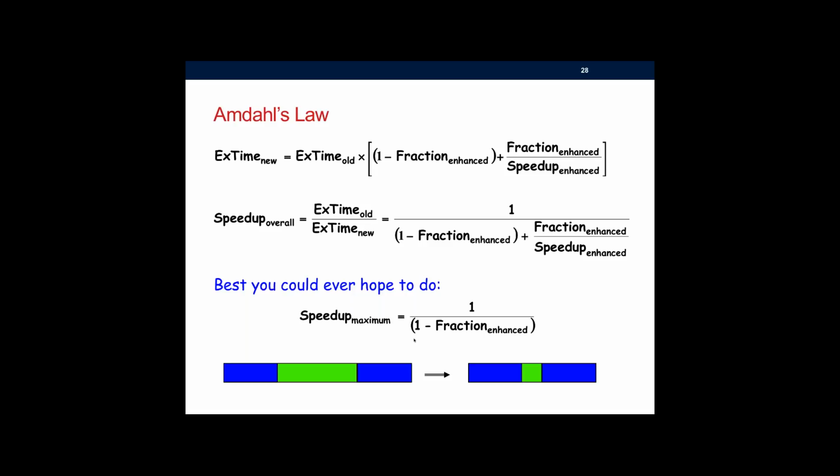Another way of saying this: let's say that I have infinite resources and I improve that green part so that it's practically zero. Then the maximum speed up is 1 divided by 1 minus the fraction that I improved, where the parenthesis says whatever is left in the blue.